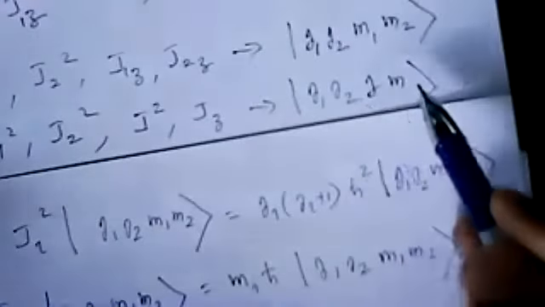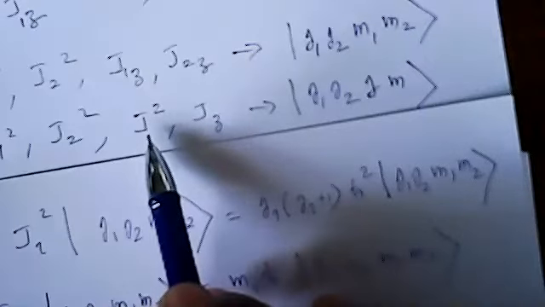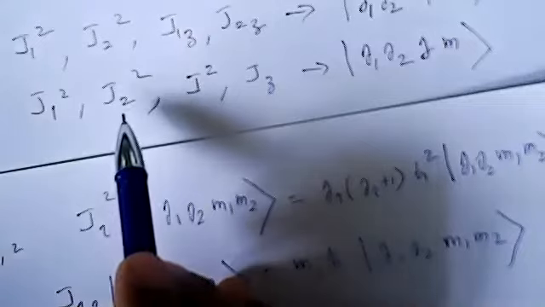Now the second CSCO, this one, |J1, J2, J, M⟩. Its operators are J1 square, J2 square, J square and Jz. So correspondingly we have 3 equations. J1 square, J2 square, you can write Ji square.